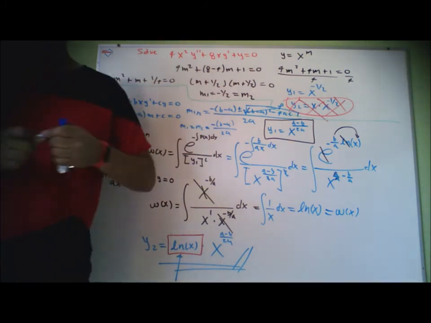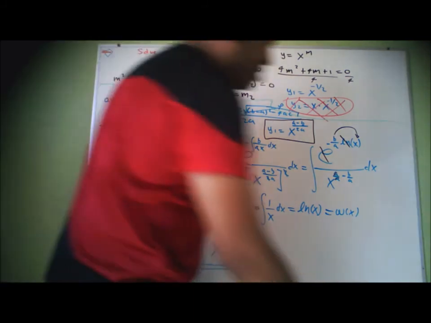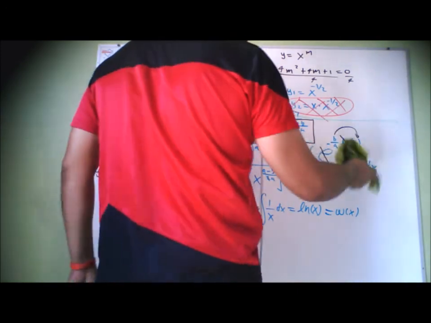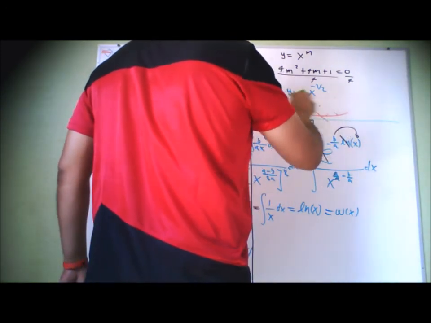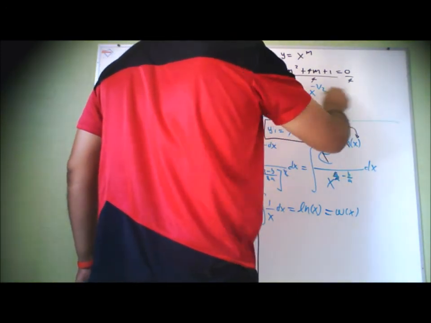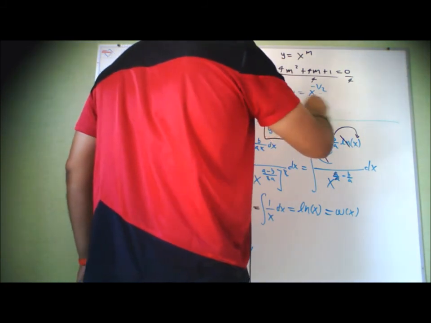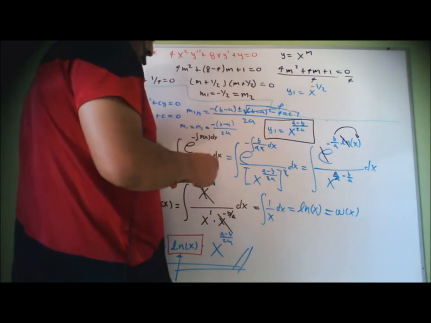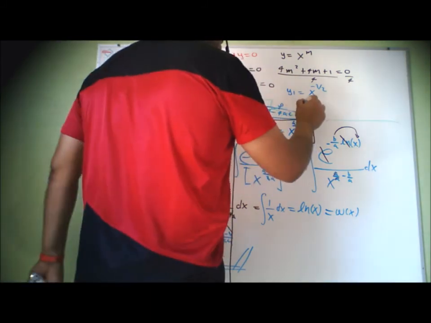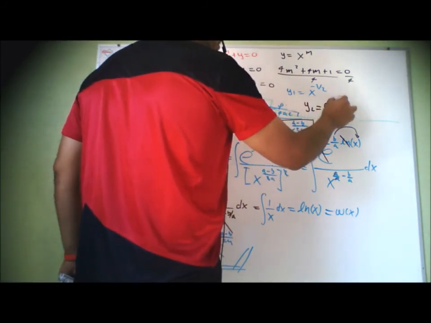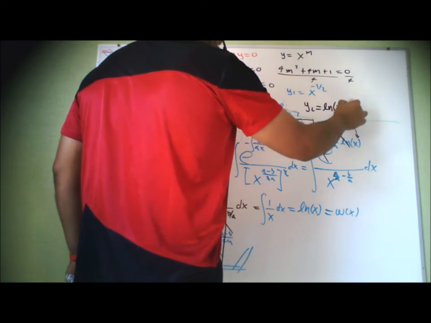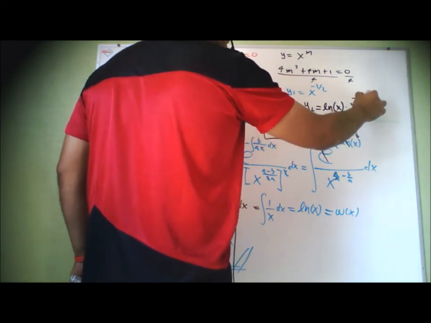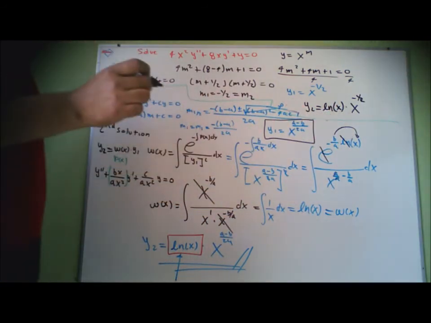So now that we have the fix, the solution, how to fix this, then I can write the second solution here. Okay, so my second solution is going to be the natural logarithm of x times x to the power minus 1/2. Okay, and that's it.